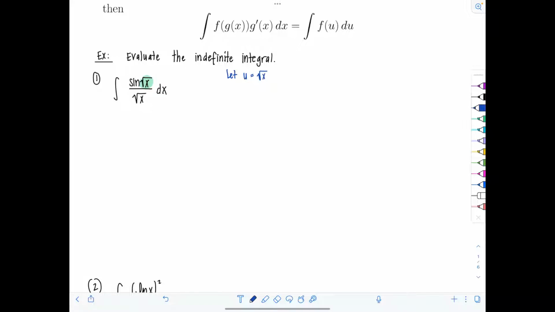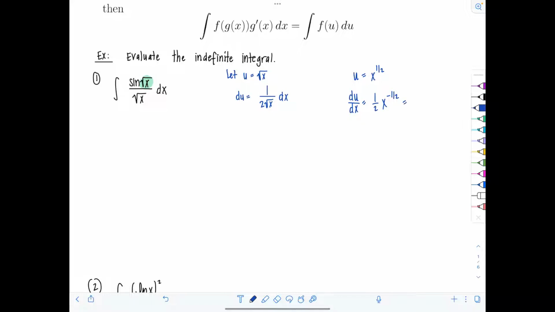equal rad x, and du is going to equal 1 over 2 rad x dx. Now, if you're thinking, oh my goodness, where in the world did that come from? Okay, if u is rad x, that's the same as x to the 1/2 power. And this is just such a common derivative. I tell my students you can go ahead and just memorize what it ends up being, because when you take the derivative, du dx, bring down the exponent, subtract 1 from the exponent, so now you have 1/2 x to the negative 1/2.